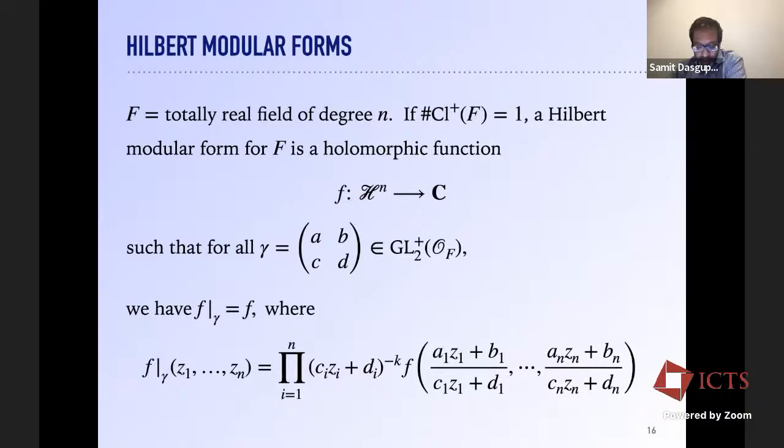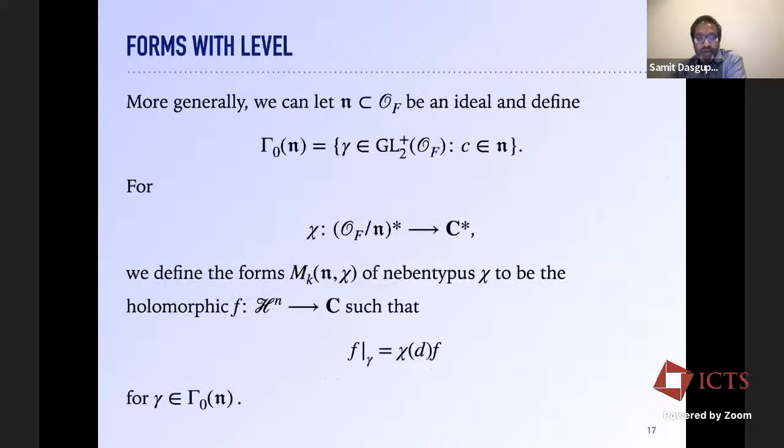Okay. Now we need to be a little bit more general. That is, you need to have level structure. We can't talk about Hilbert modular forms only for all of GL2(O_F), and just like for the usual classical case, you want to add some level. So if you add level n, look at matrices that are upper triangular mod n.